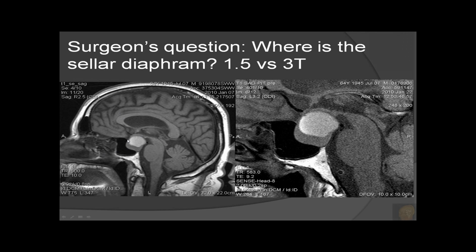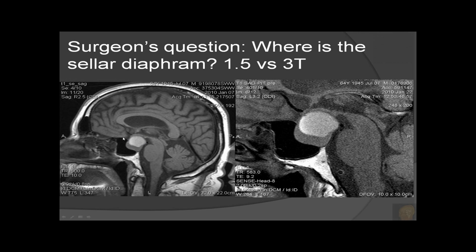If the lesion is below the diaphragm, he will go through the nose and resect it with transnasal sphenoid surgery. If it's above the diaphragm, he will go from above. So the little diaphragm is quite important, but it's stretched and pushed away by this lesion. Only with high resolution 3 Tesla MRI can you see this little bit of diaphragm still here.